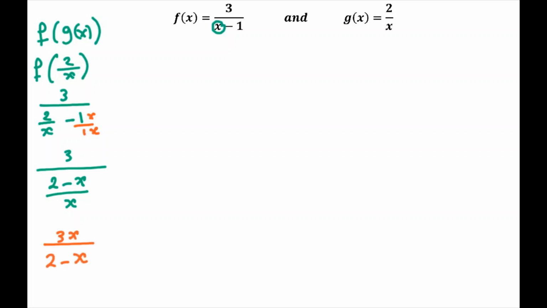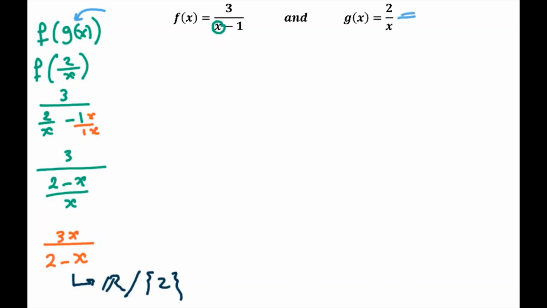Now to find the domain, first we need to tell what is the domain of this. We need to find what can make the denominator equal to 0. So x cannot be equal to 2. So the domain for the composite function here is all real numbers but not 2. Now remember, you need first to find the domain of g(x), the input function.